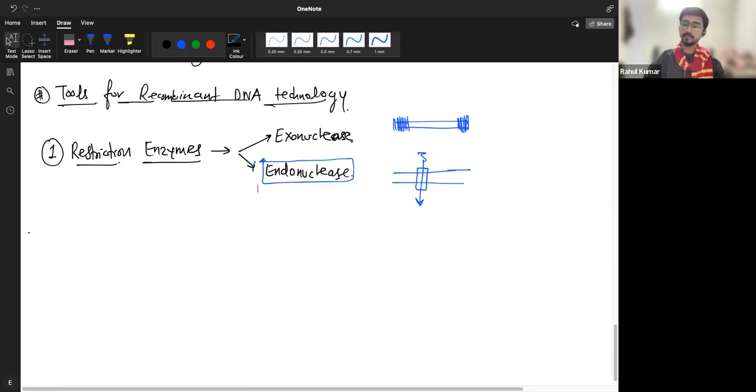So just to write down the difference. Exonucleases remove nucleotides from the ends of the DNA.